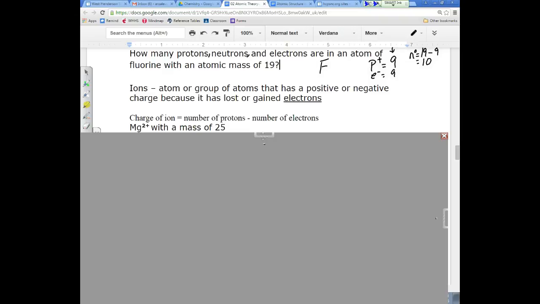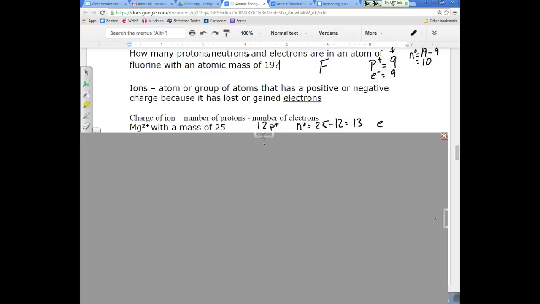To figure out our neutrons, it's going to be our mass, which is 25, minus the number of protons, which is 12, which leaves me with 13 neutrons.